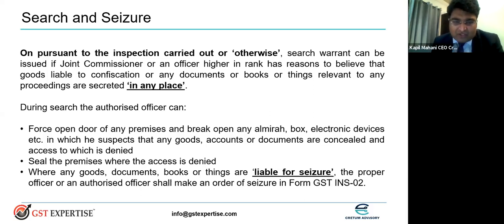Normally, what we have generally seen is that if things can be managed with the department, with departmental cooperation between the assessee and the department, it might be possible that an inspection does not progress to a search and seizure level.